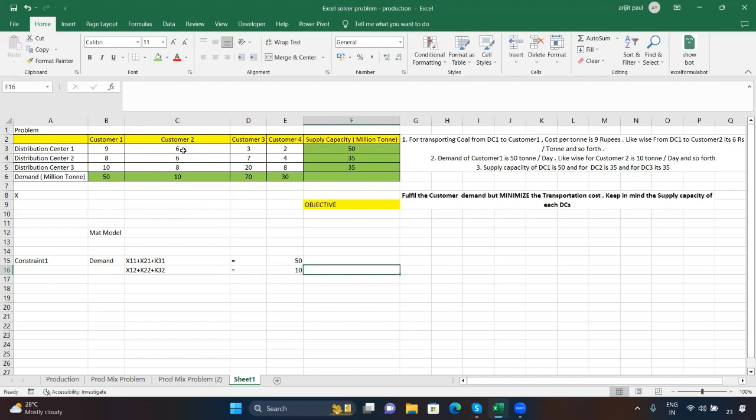So x12 is what? 1 is the source, that is distribution center 1, and 2 is what? The destination, that is customer 2. This one needs to be x22, and this one needs to be x32. So that's why we have mentioned here that x2 needs to be equal to 10.